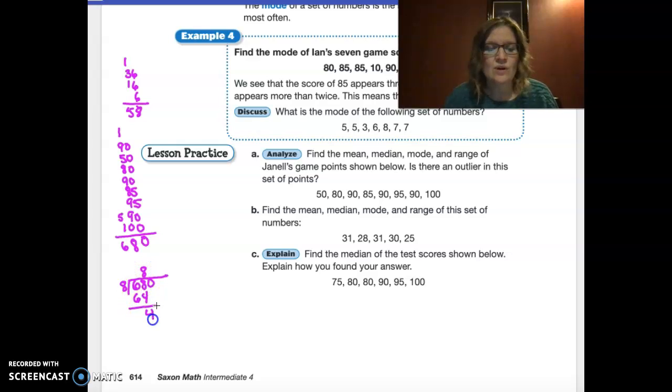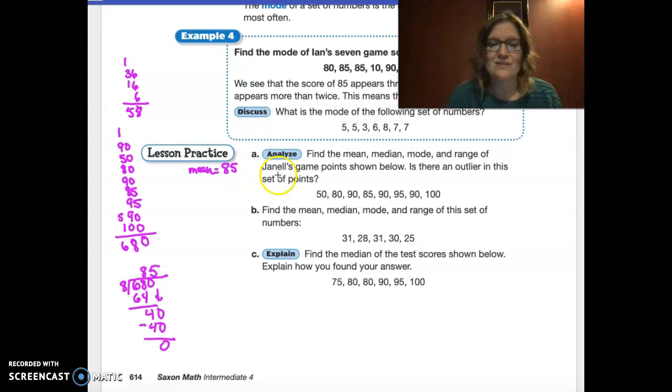We have 4, carry our 0, and 40 divided by 8 is 5, 40, 0. And it's perfect. So her mean, the mean for this is 85. Yay! That, I think, is the hardest part.